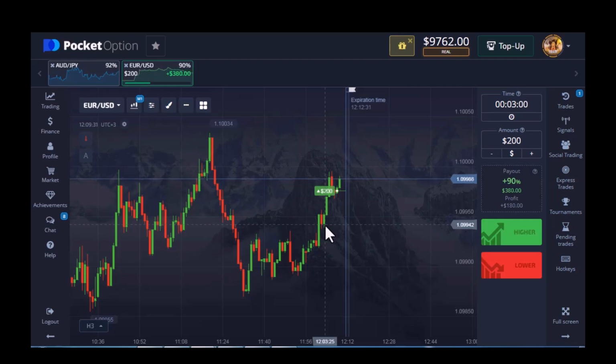And you should also know that the main commodity currencies of the world are CAD, Canadian dollar, AUD, Australian dollar, NZD, New Zealand dollar, BRL, Brazilian real, NOK, Norwegian krone, and CLP, Chilean peso.